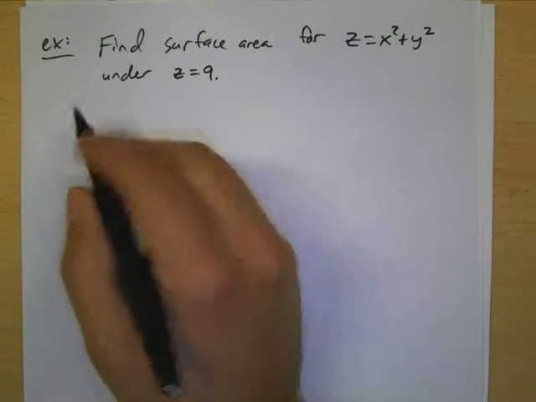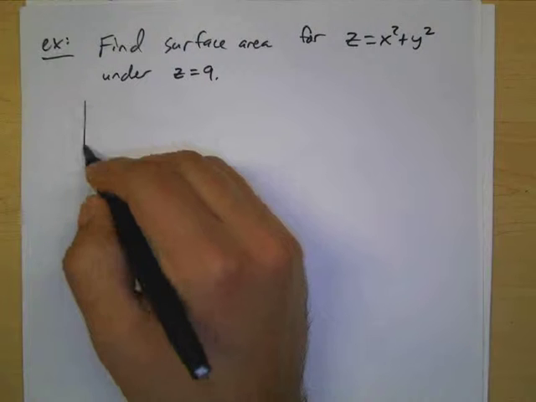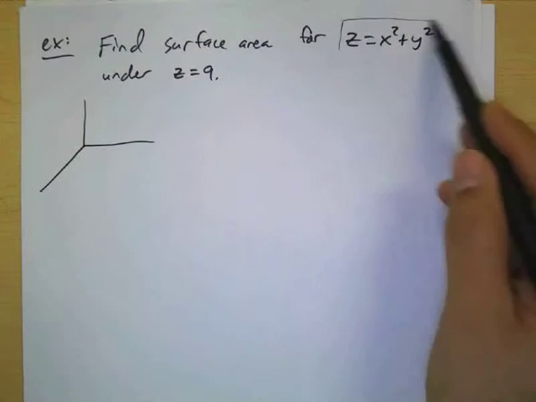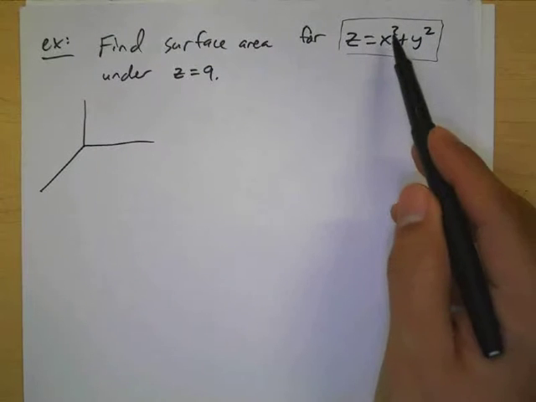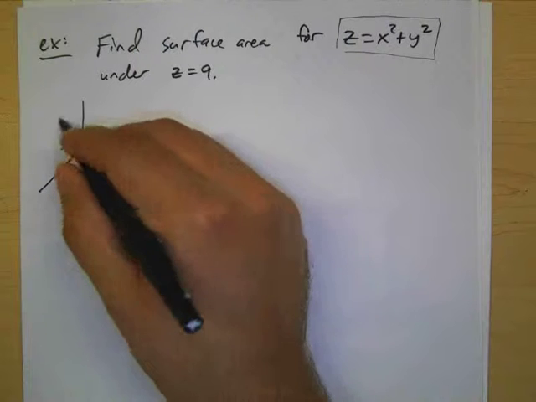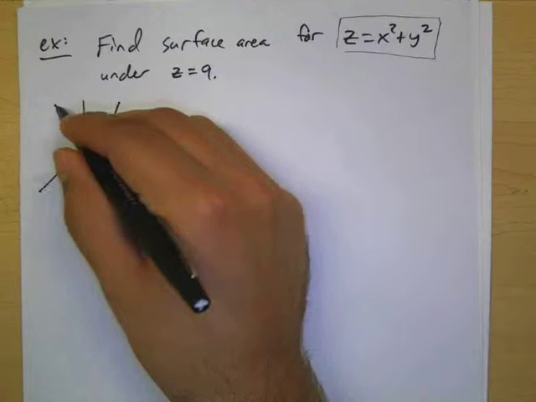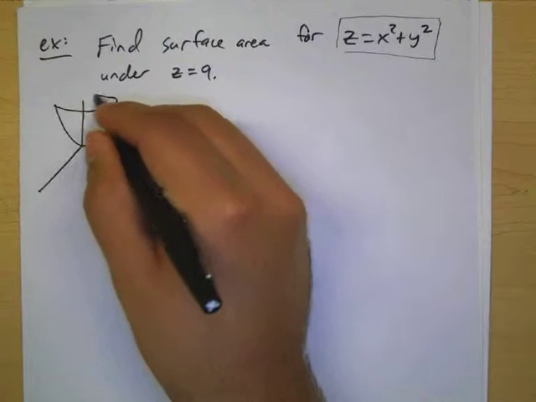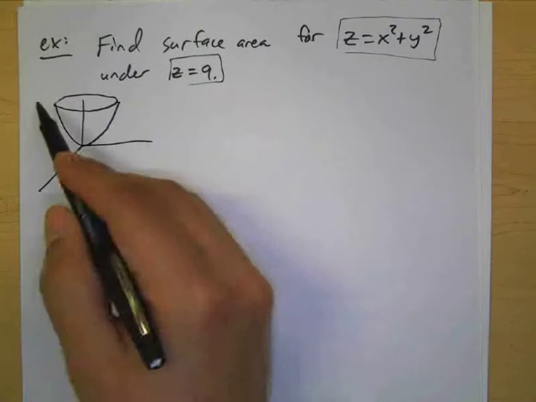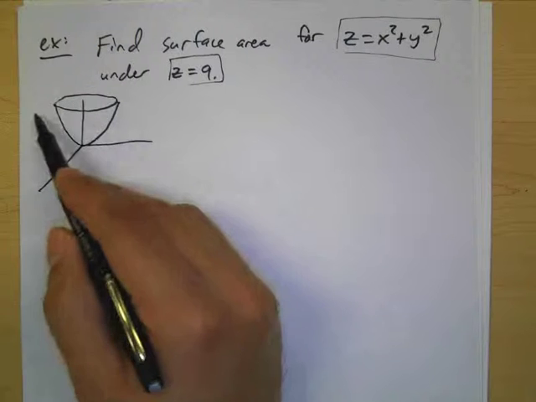And just so that we see what we're working with here, you should know what the graph of that looks like. That's your standard paraboloid. z equals 9 is just the plane that cuts it off.